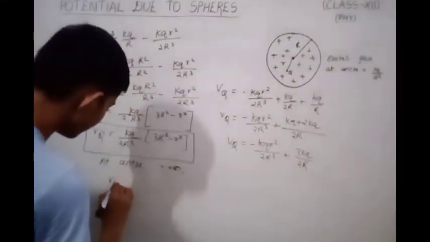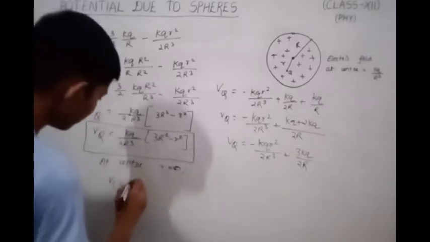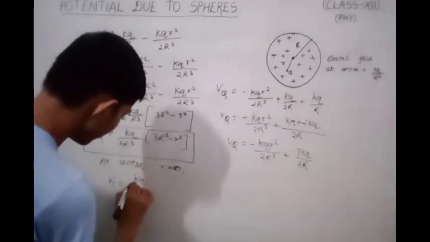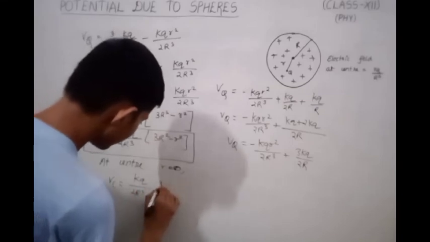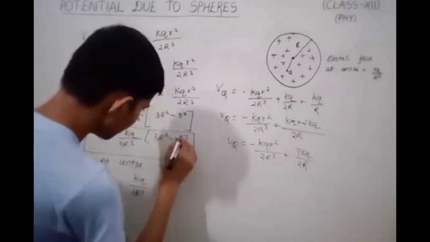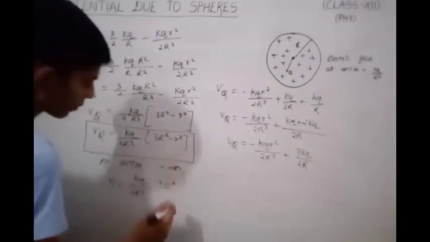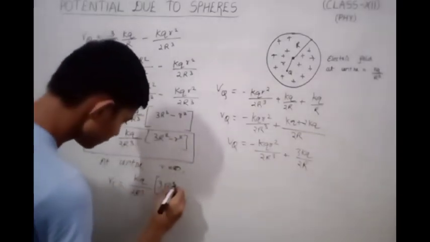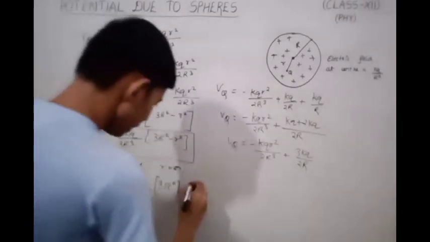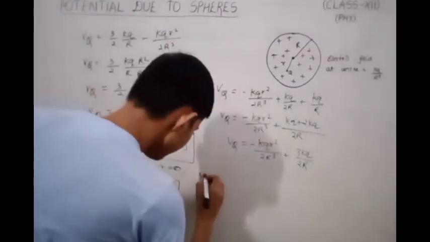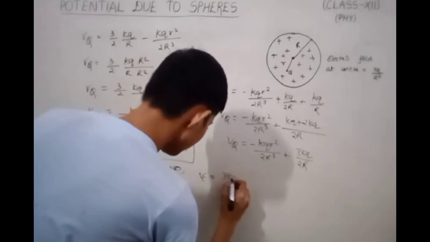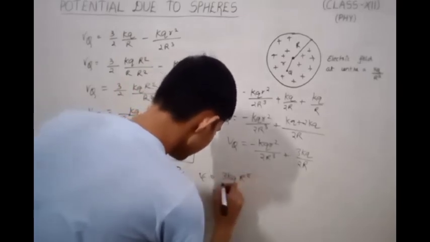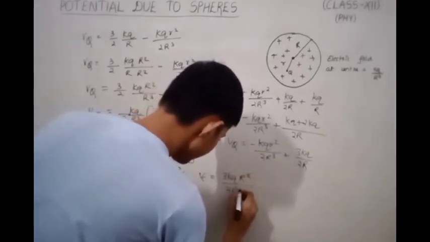So at the center the potential becomes kq divided by 2R cube multiplied by 3R square. The term r square becomes 0, and simplifying we get Vc equals 3kq multiplied by R square divided by 2R cube.